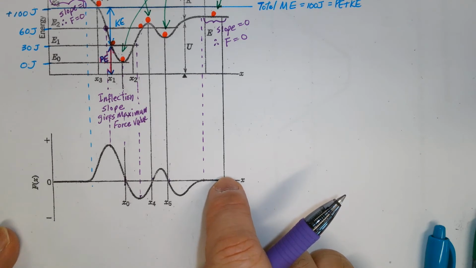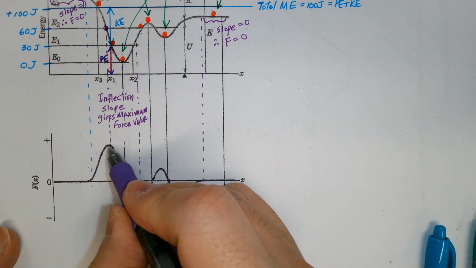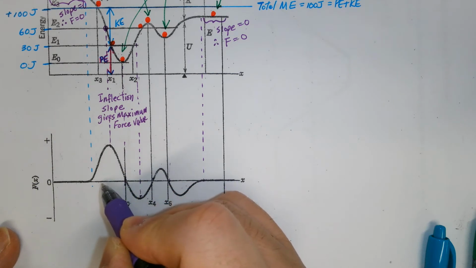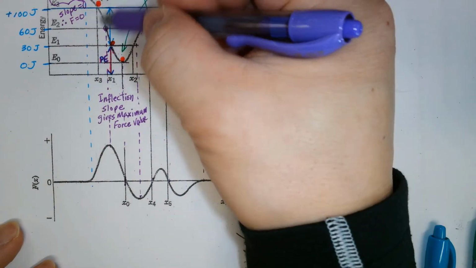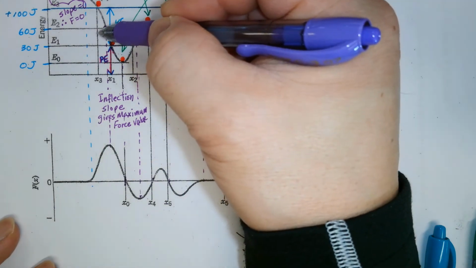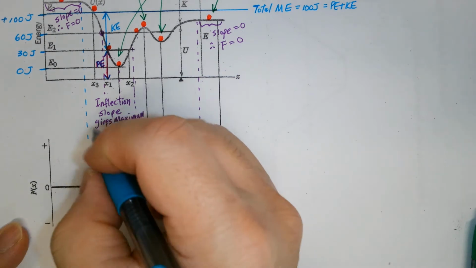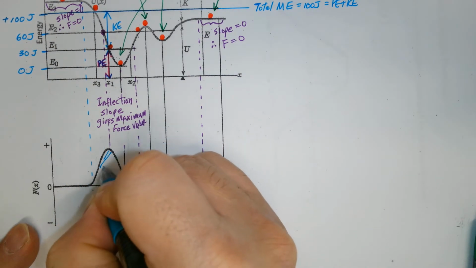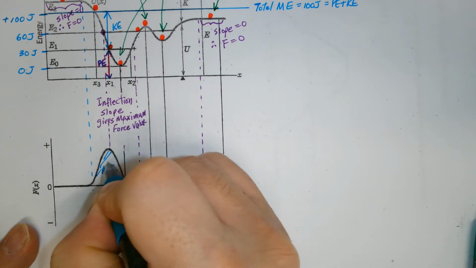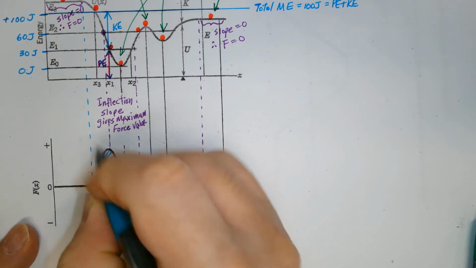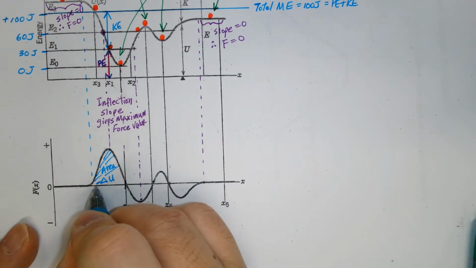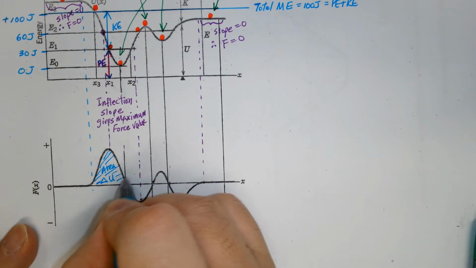Also, the area of this is the negative of the change in potential energy. Remember, we talked about that. If I put a negative there, it looks like it's part of the thing.